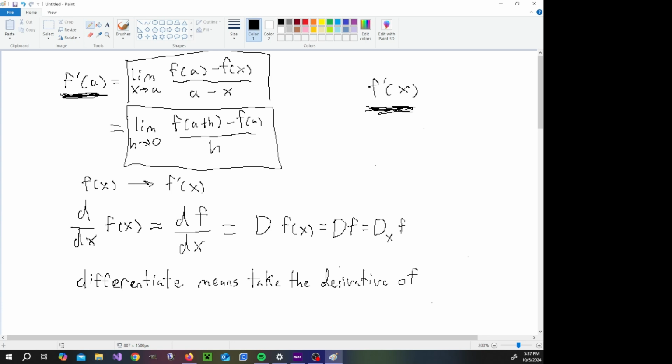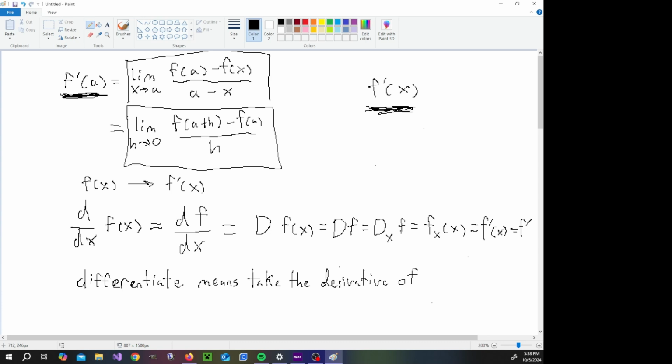They get really crazy sometimes, and they'll write f and then this subscript x, and that tells us the derivative with respect to x again. Or our favorite way of writing it, f prime of x, or maybe just f prime.